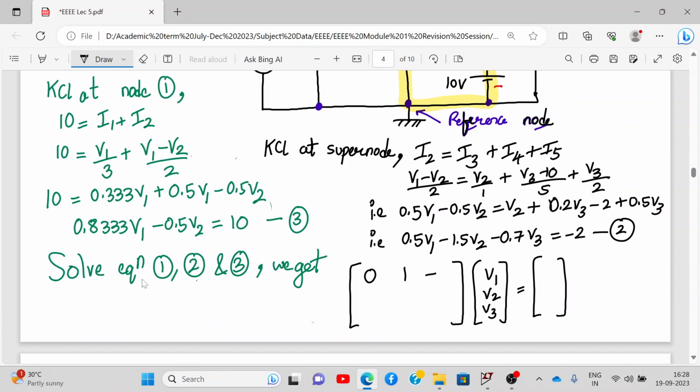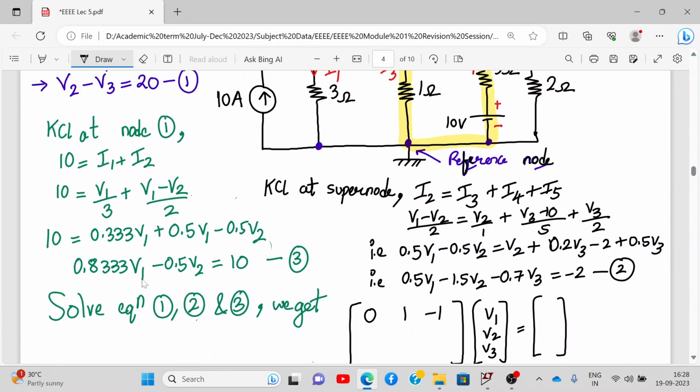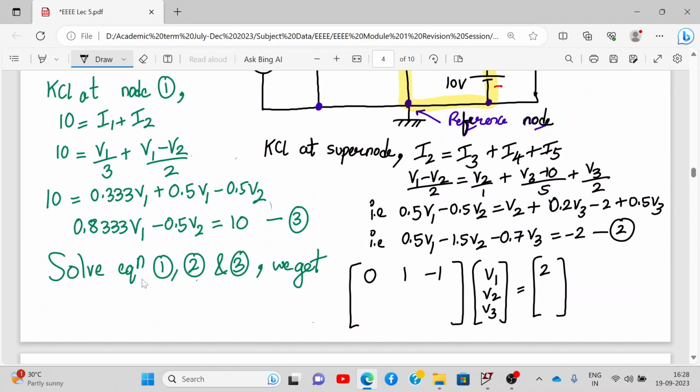So 0, 1, minus 1, and the right hand side we have 20. Alright. Next is equation number 2. We have 0.5, minus 1.5, minus 0.7, equal to minus 2. Alright. Then equation number 3, the coefficient of V1 will be 0.8333.